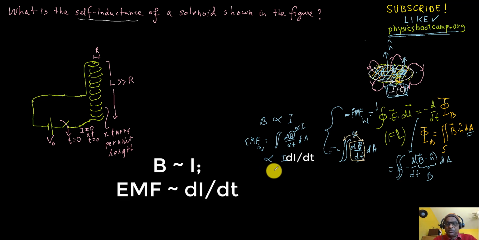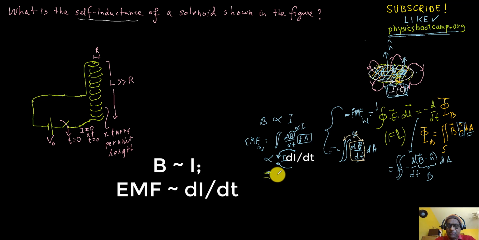So we can write this as some kind of circuit property that depends on the area, length, and other geometry, how it's oriented. The orientation comes from n hat. This is a purely geometric property, so we can lump it together and call it self-inductance.